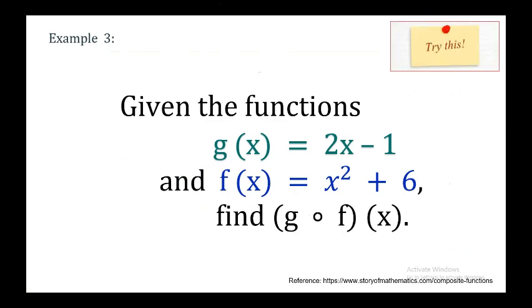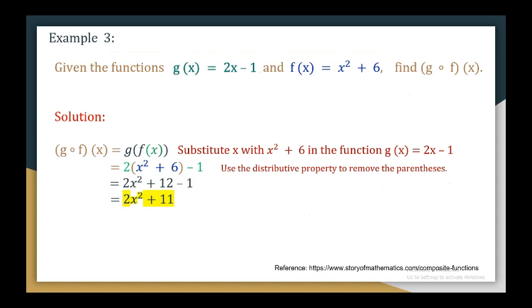Okay, for our solution, given the functions g of x is equivalent to 2x minus 1 and our f of x is x squared plus 6. So find the g composed with f of x. Okay, for our solution now, the g composed with f of x can also be written as g of f of x.